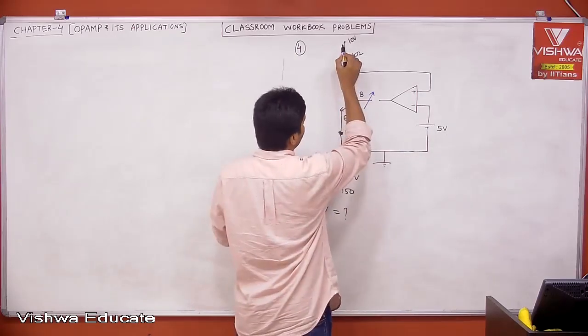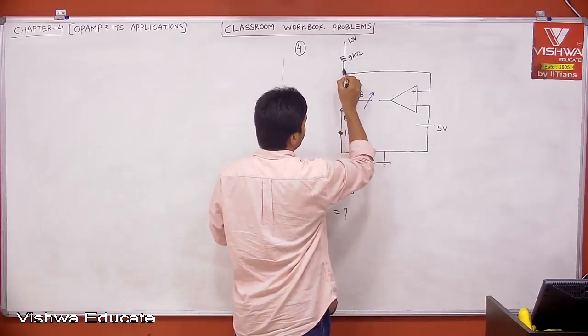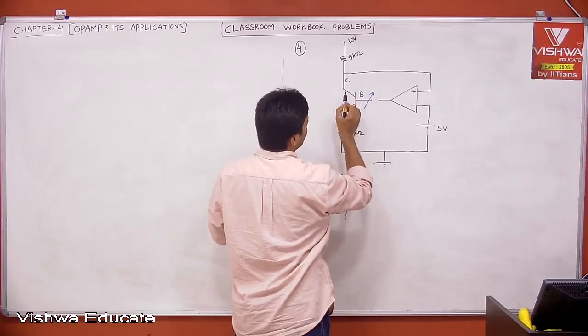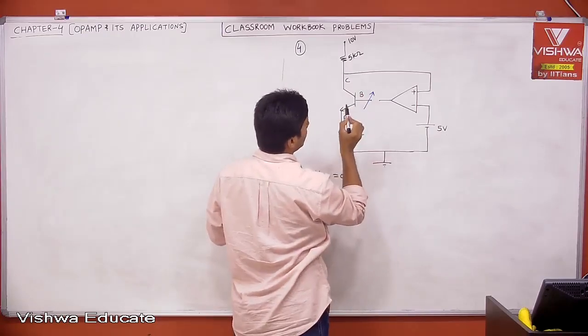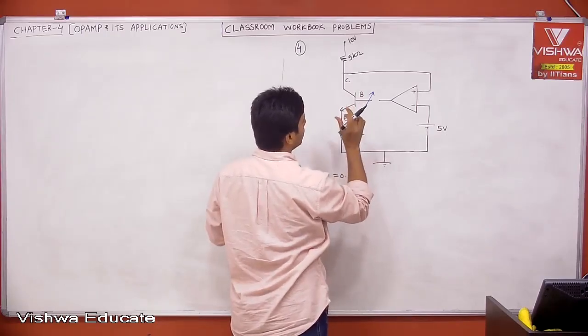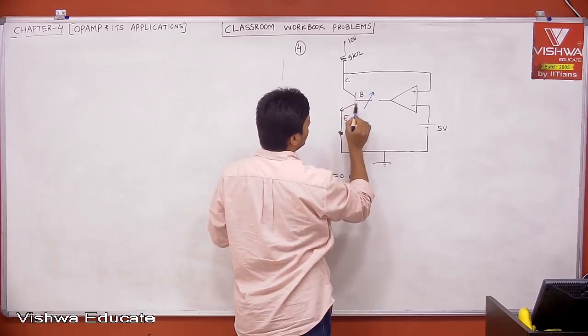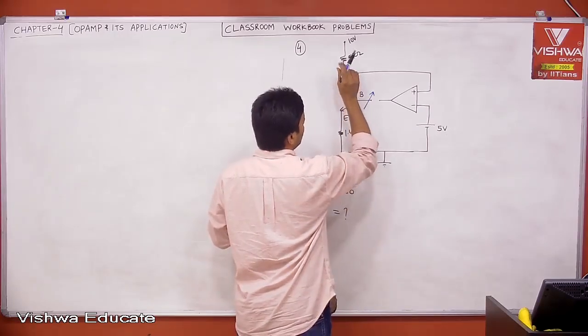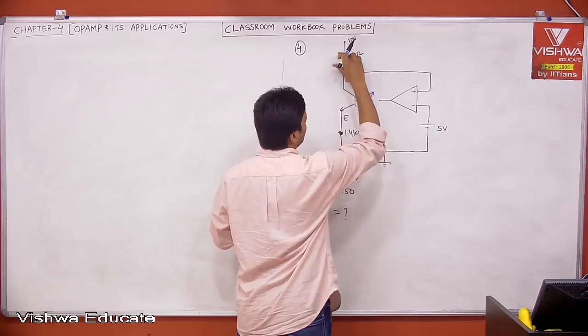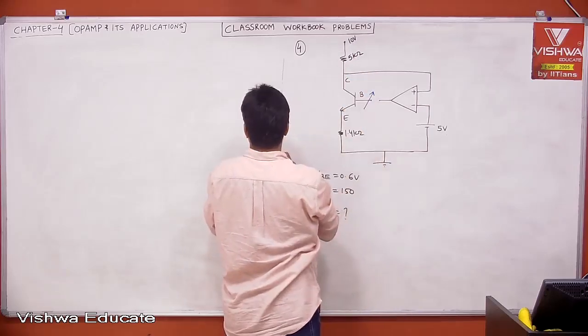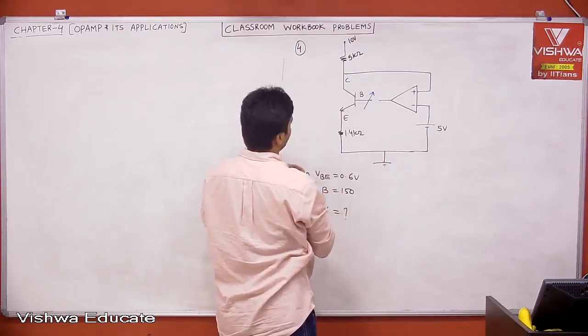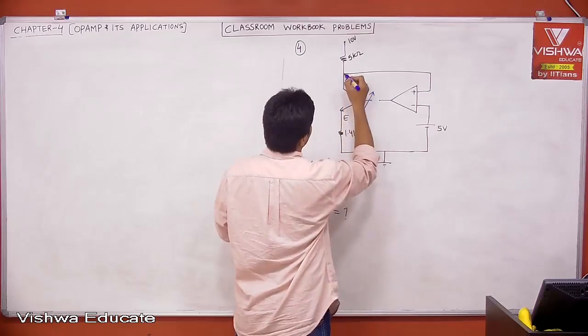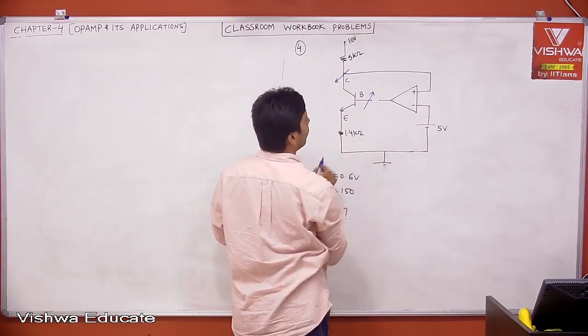Therefore, whatever current flows through the 5K flows through your transistor. So if VB is increasing, VBG is increasing, IB is increasing, IC is increasing, the drop across 5K is increasing, and the voltage at this node is decreasing.